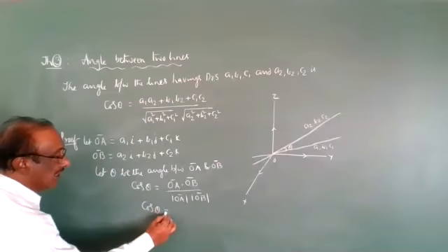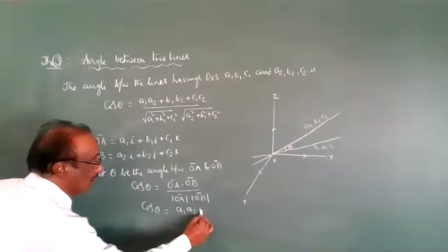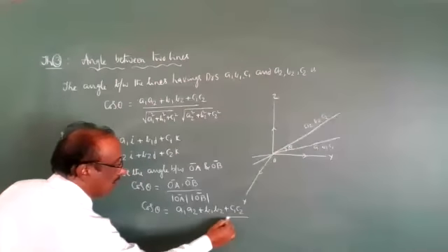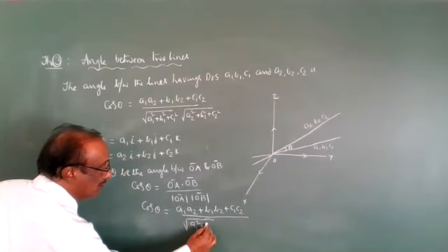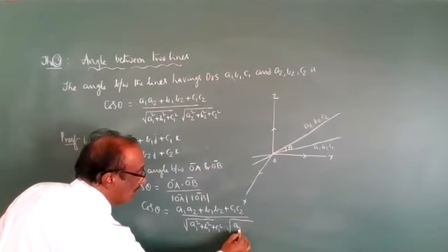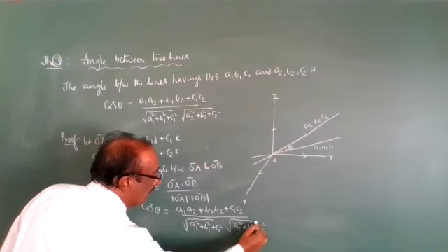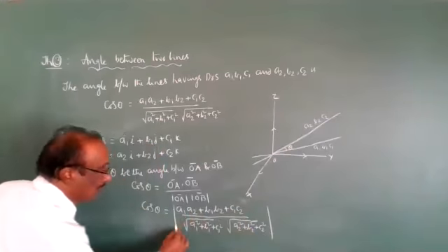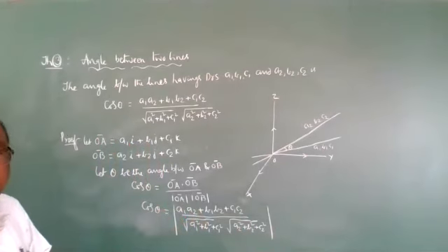Therefore, cos theta is equal to (a1 a2 plus b1 b2 plus c1 c2) by root over (a1 square plus b1 square plus c1 square) into root over (a2 square plus b2 square plus c2 square). Always the angle is taken as positive, represented in modulus. Simple theorem, nothing is there.